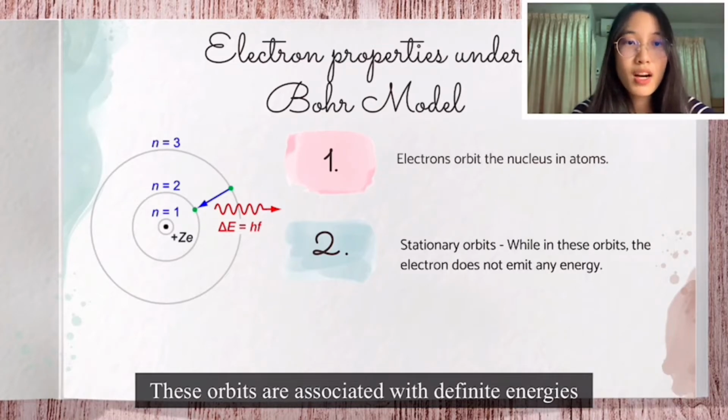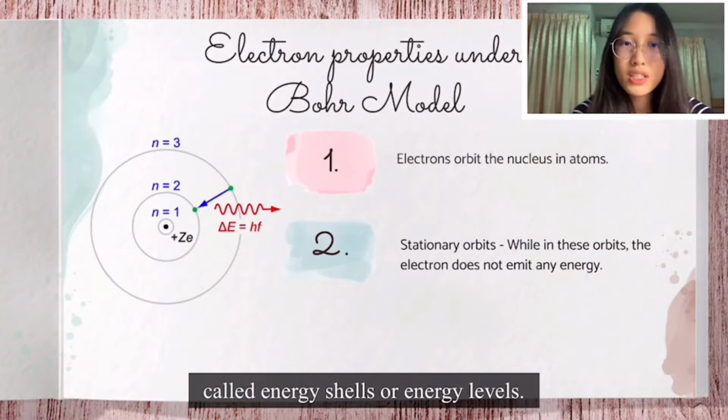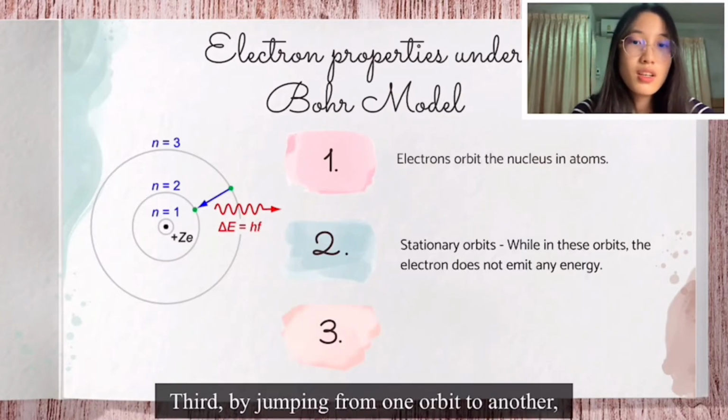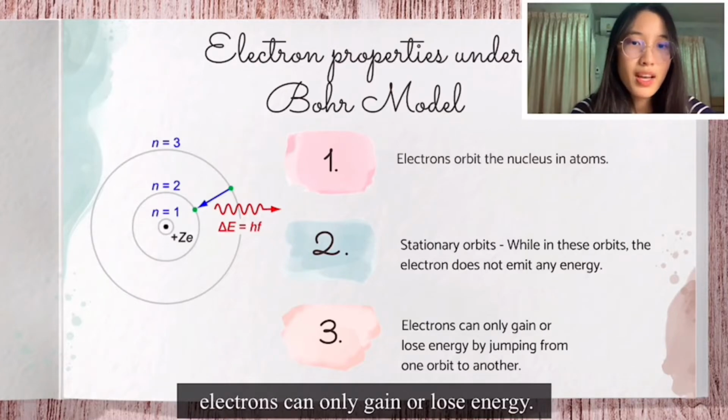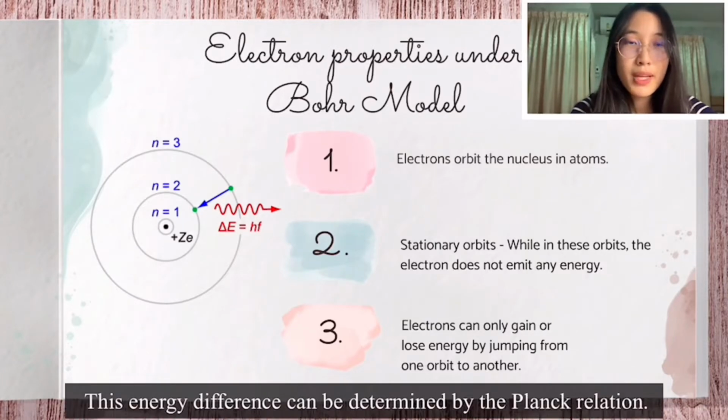These orbits are associated with definite energies called energy shells or energy levels. Third, by jumping from one orbit to another, electrons can gain or lose energy, and this energy difference can be determined by the Planck relation.